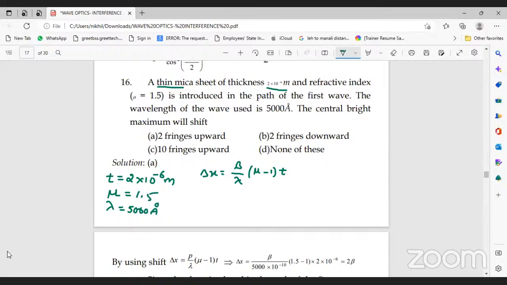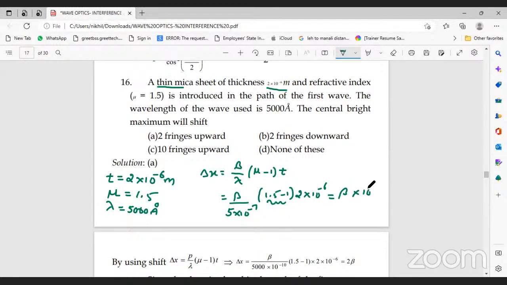Beta divided by lambda into mu minus 1 into T. I'll keep beta as it is. Lambda is 5000 angstrom, which means 5 into 10 power minus 7. Mu minus 1 is 1.5 minus 1, which is 0.5. Thickness is 2 into 10 power minus 6. 0.5 into 2 will be 10 power minus 6 itself.